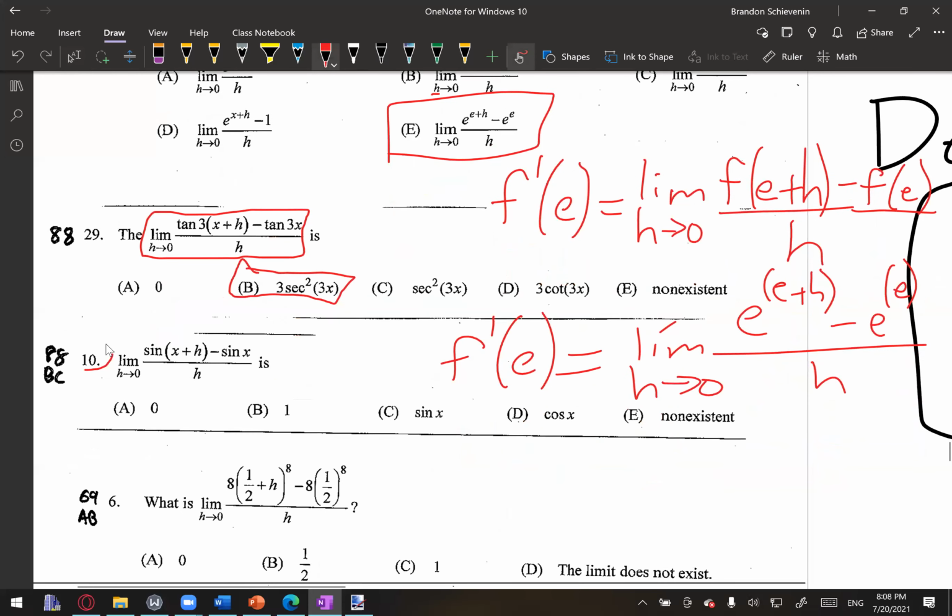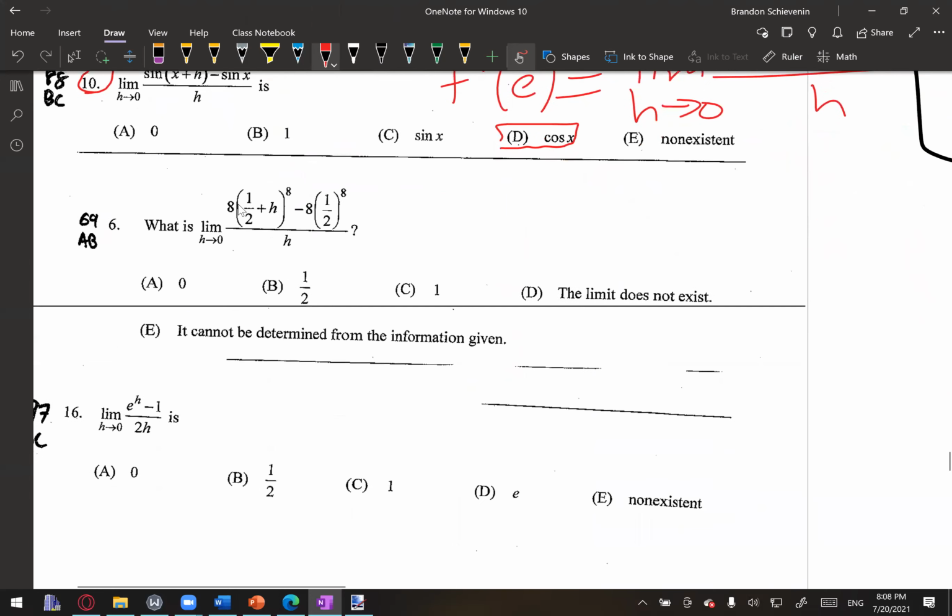What about this one for 10? Okay. D. Right. Okay. And this one for 6?